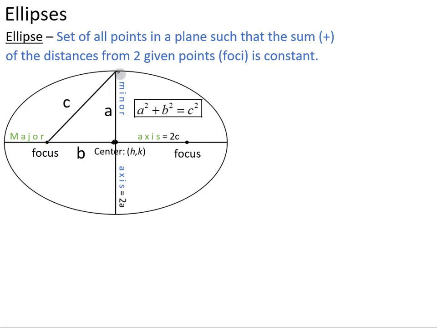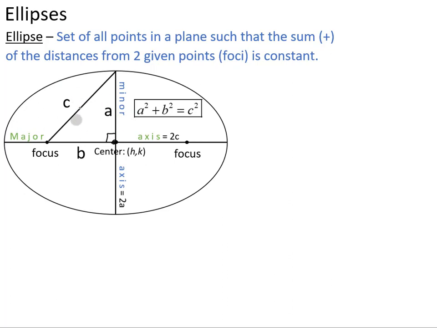Okay, and that makes sense because if these distances are always the same, imagine when they're here, the distance from both foci actually ends up being kind of subtracted there. But it ends up being the same as those two together. So anyway, we'll move on from this. But you might notice that this forms a right triangle.